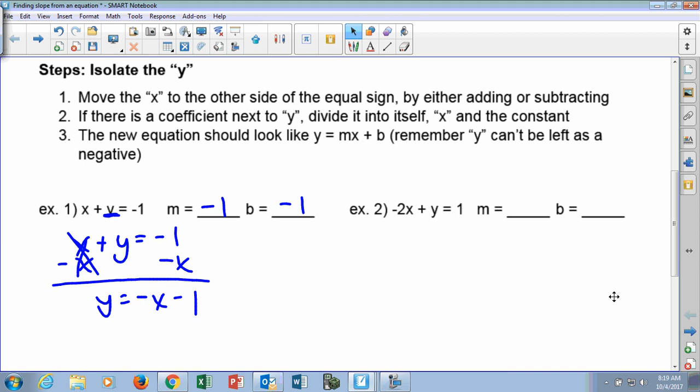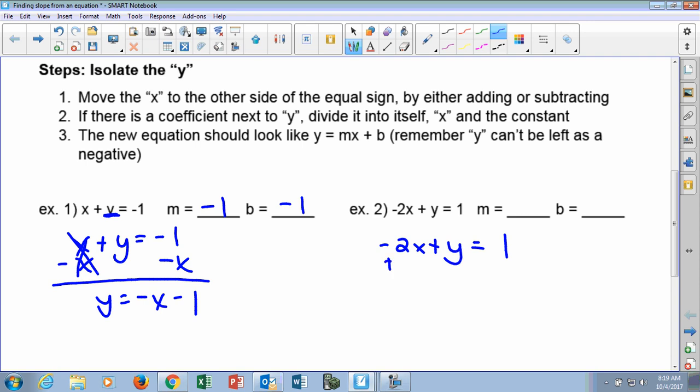All right, so now I got an answer. Who wants to walk me through it? Tell me what you did. Tim? Where's 2y at? I don't see where 2y is. We're on number 2. So here's our problem. We're trying to get in y equals mx plus b form. We added 2x to both sides?